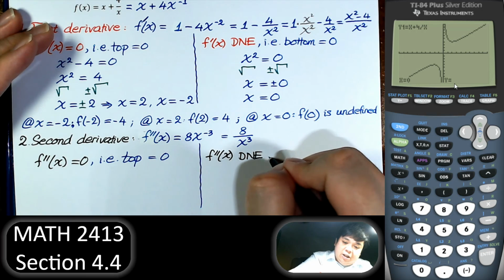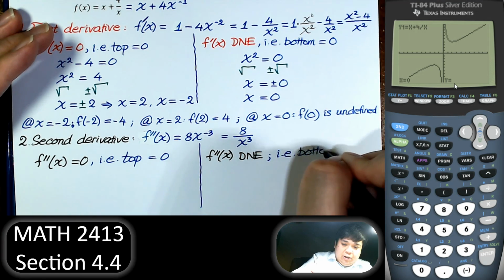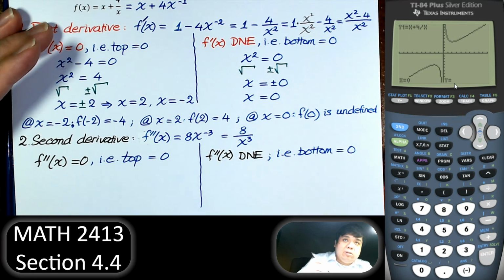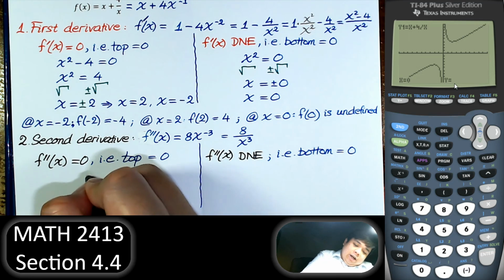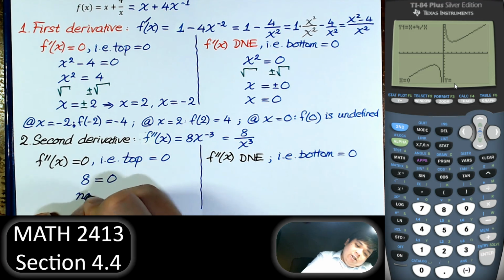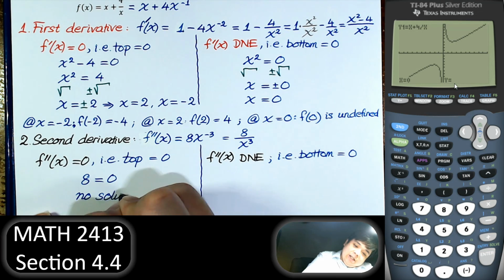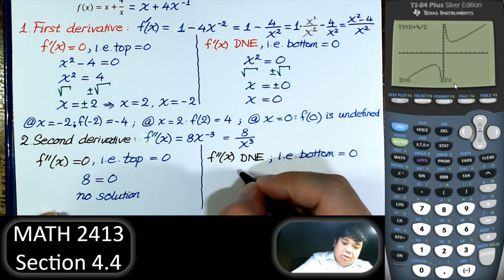Does not exist, meaning the bottom is 0. So 8 equal to 0, of course there's no solution here, so we don't have anything over here. And does not exist when the bottom equal to 0.